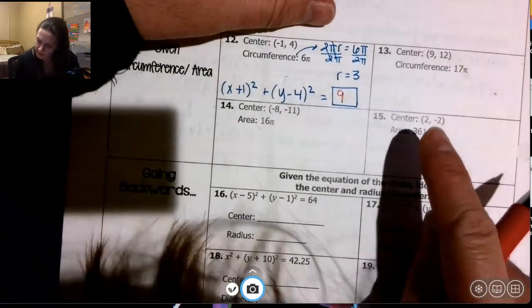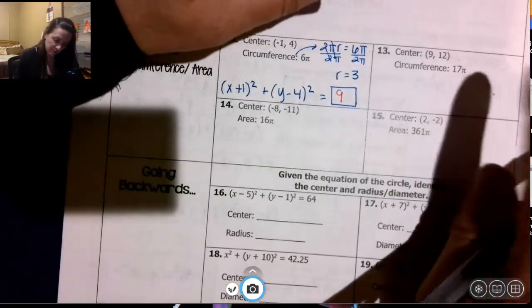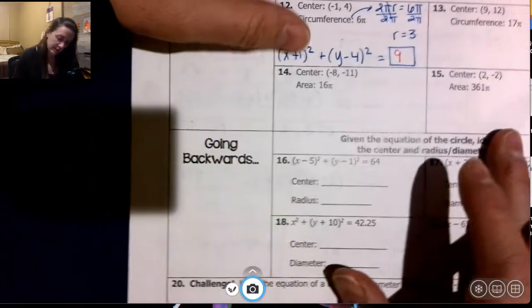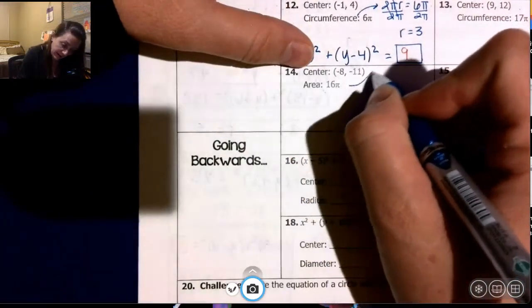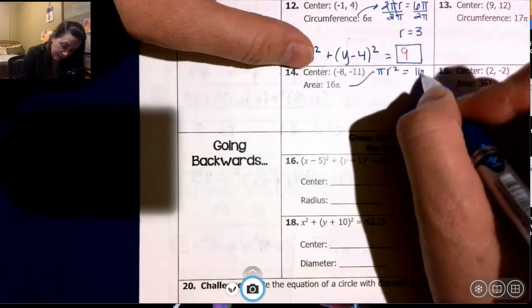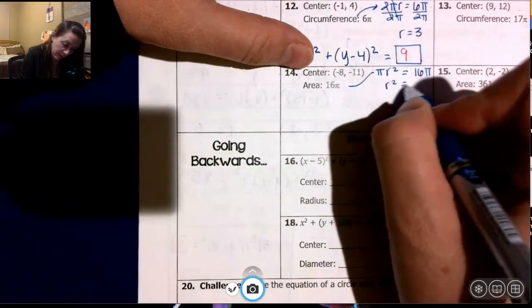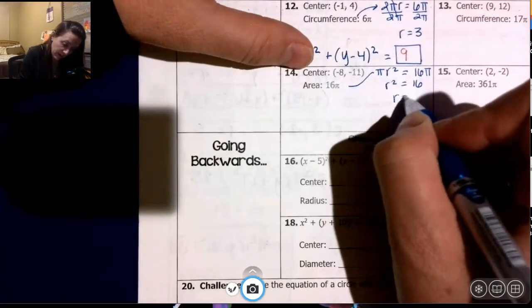This one's going to be only ugly because it's a fraction, so we're going to skip that one. Let's do this one here. Area. Now area is pi r squared equals 16 pi. Divide both sides by pi, I get r squared equals 16, which means r equals 4.